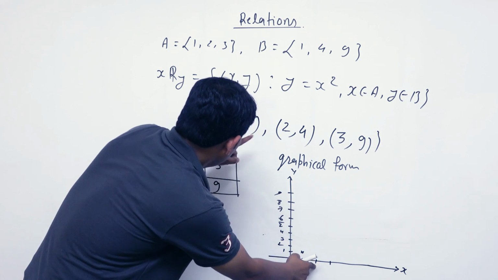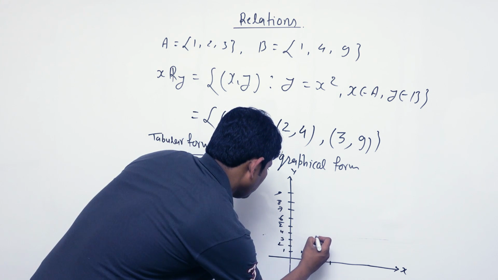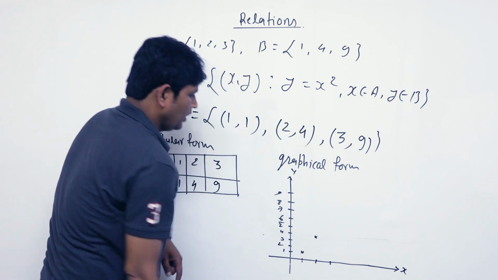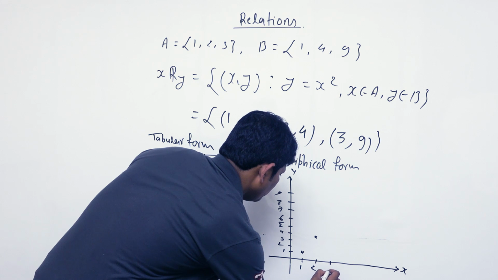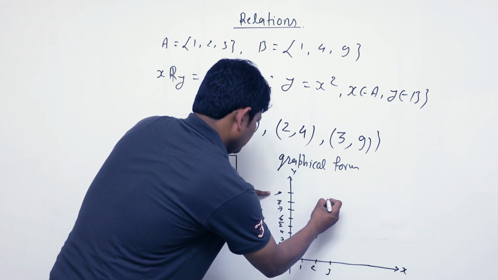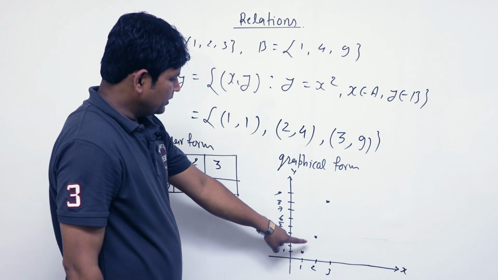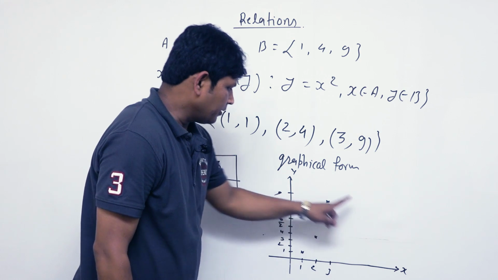So there is 2 and 4. 4 is here, so here you can plot. Now 3 and 9. 9 is here. So all 3 points we can see in a diagram.